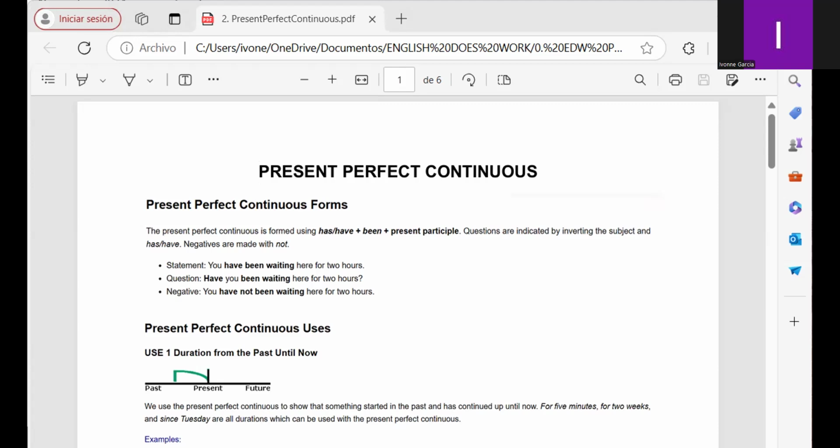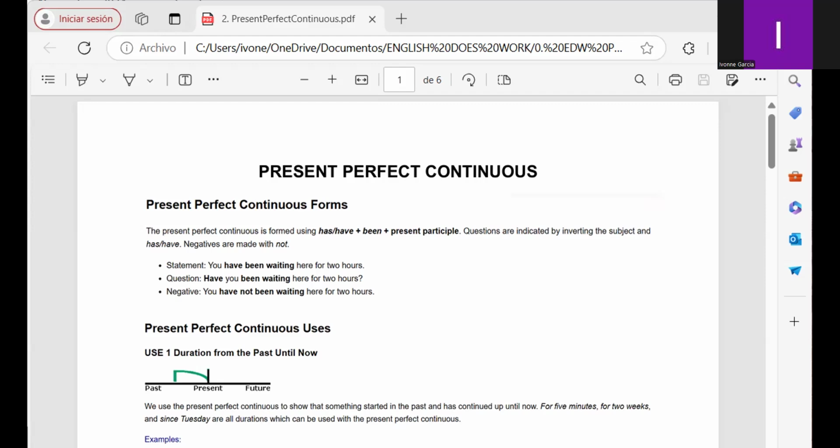So I want to add that, as most of you have said in your works, the present perfect continuous is a verb tense we use to talk about situations or actions that have started in the past and have continued up to the present moment.